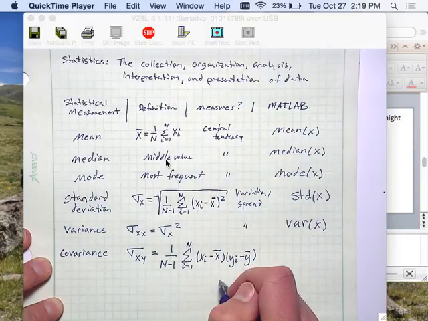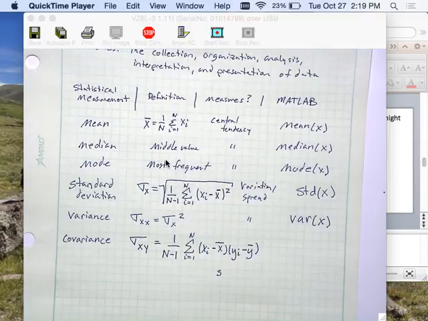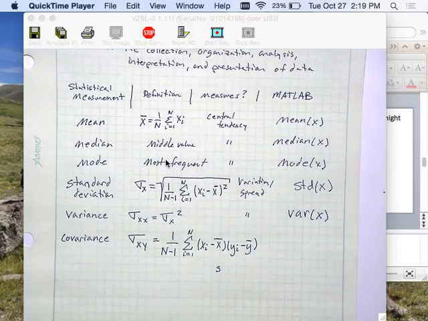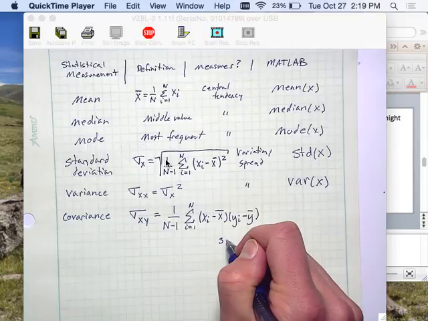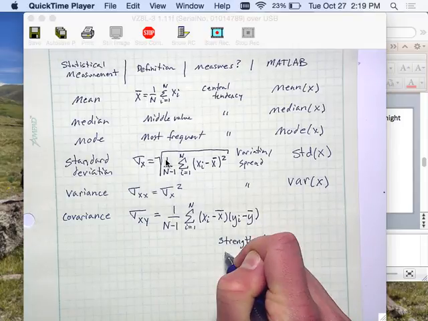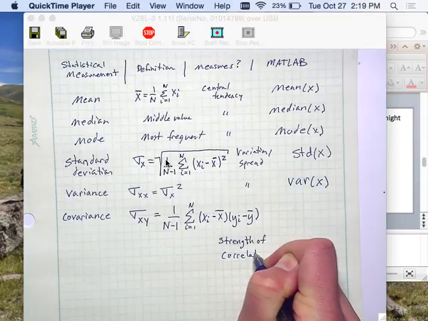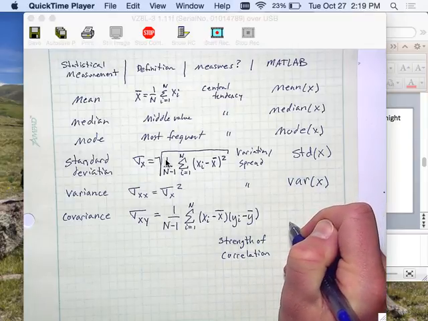My columns are getting messed up a little bit. So this measures basically the strength of correlation between two data sets. So are they correlated? You know, as one goes up, does the other one go up? We'll talk more about correlation in a second. And this is in MATLAB, cov.